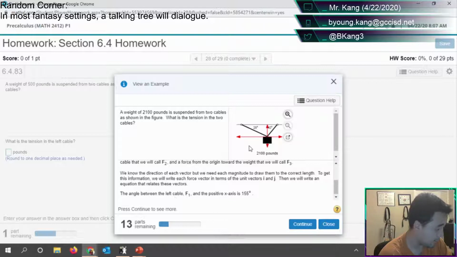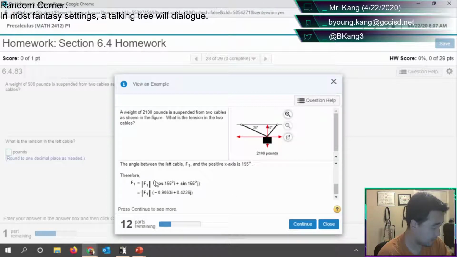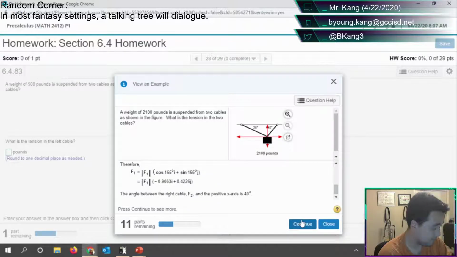The angle between the left cable and the positive x-axis is 155. So that's because they're going over, remember, from 0 degrees. We just drew the triangle separately. See? Their x component is negative, just like our x component was. They just actually got the decimals. So they're doing exactly what we're doing so far.